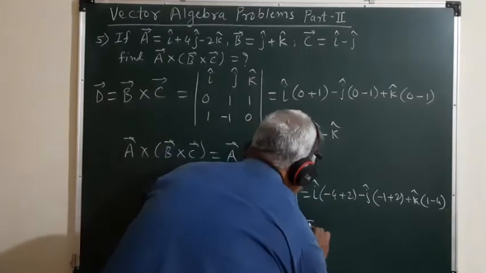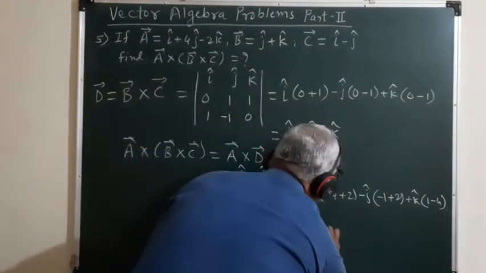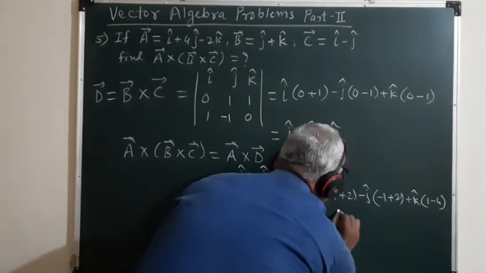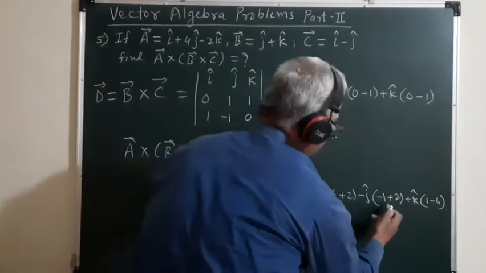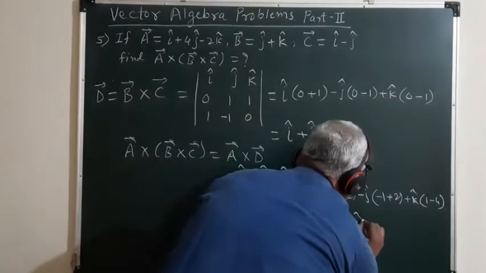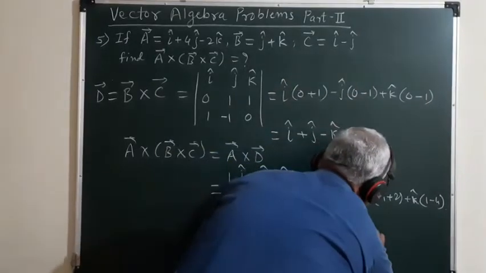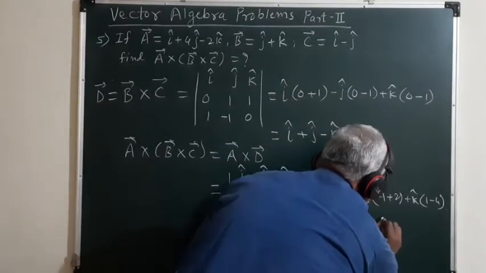So this works out to be equal to minus 4 plus 2 is minus 2 i cap, minus 1 plus 2 is plus 1, so it is minus j cap, and 1 minus 4 is minus 3, so it is minus 3k.